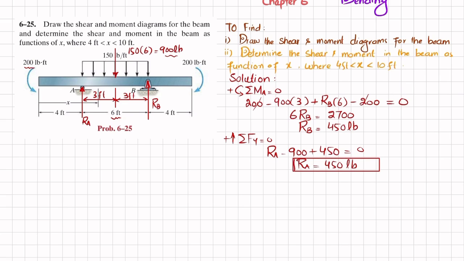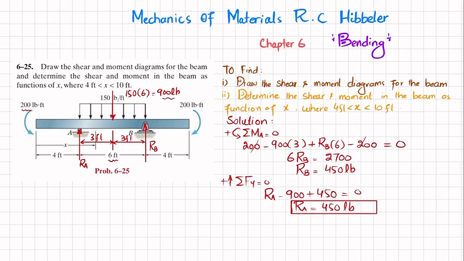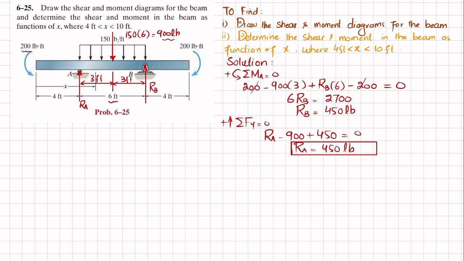Okay, so now we will move toward our second part, that is to determine the shear and moment as a function of x, where x is greater than 4 feet and less than 10 feet. What we will do is cut the beam in this region, and this will be the x, and you have to draw the free body diagram for this portion here. So let me draw it for the region x greater than 4 feet and less than 10 feet.